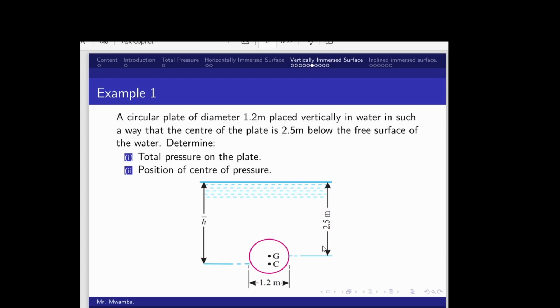They're saying that from the center of gravity, point G, to the free surface of the water, we have 2.5 meters. So we have our x bar. And then we also have the diameter of this object, and we also have the information that it is a circular object. So we know the formula for the moment of inertia for a circular object.